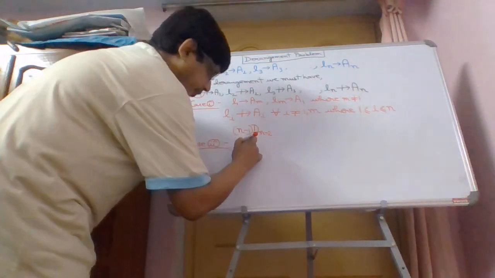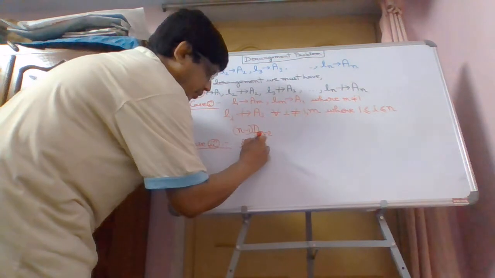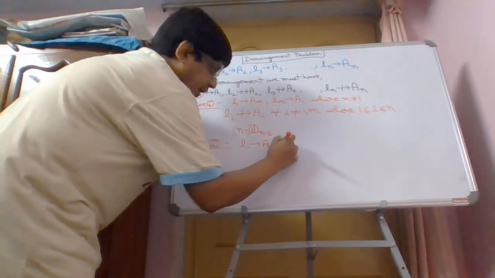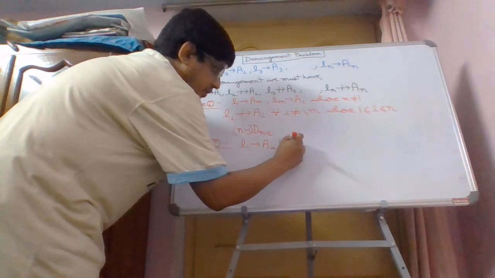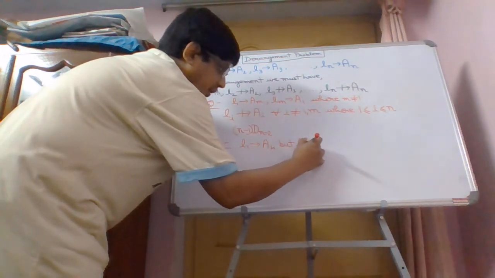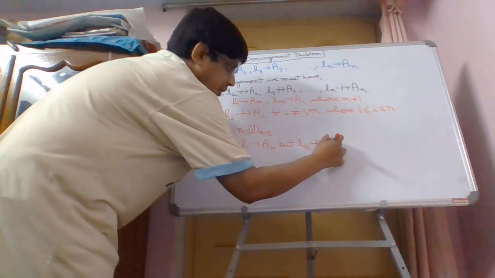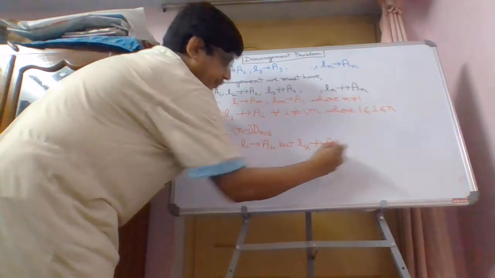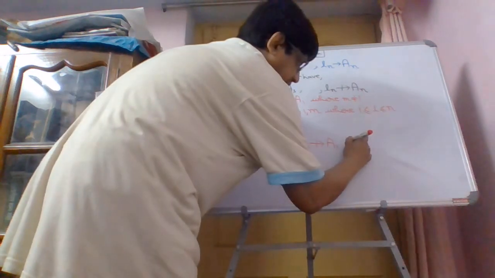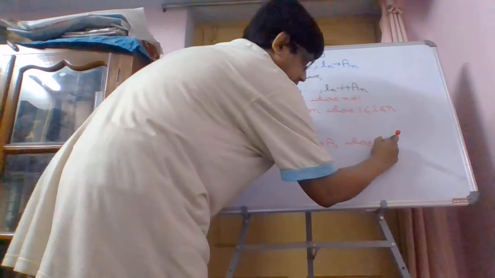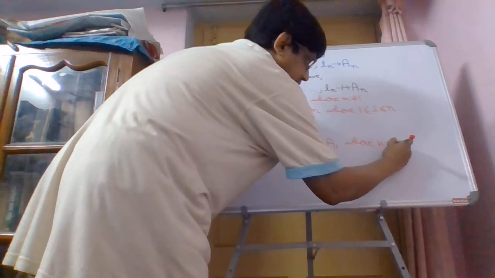Suppose L1 goes to Ak, but Lk does not reach A1, where k is never equal to 1.